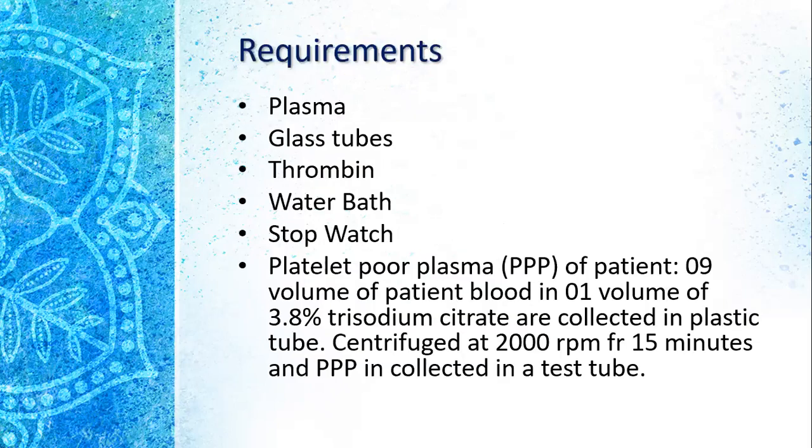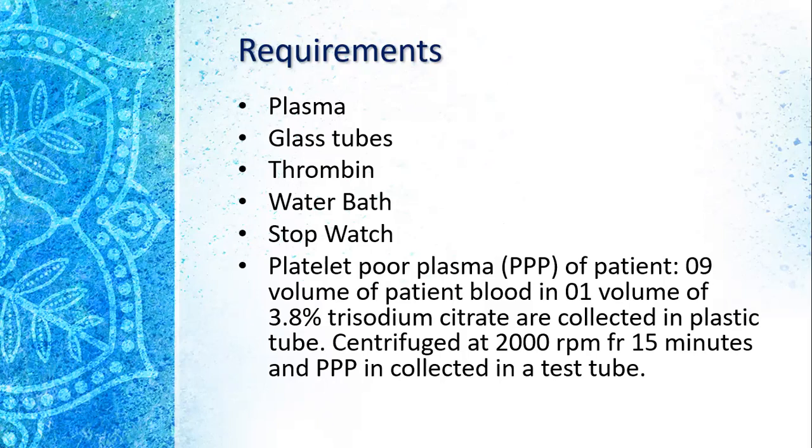Requirements are plasma. First of all, you have to take the plasma, which may be test and control plasma. Then glass tubes, thrombin, and a water bath at 37 degrees centigrade. You will take a stopwatch as well.